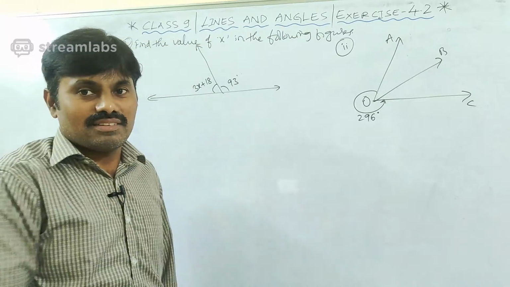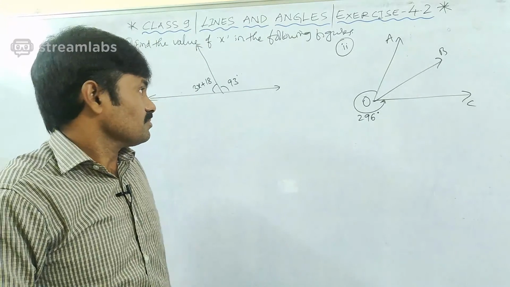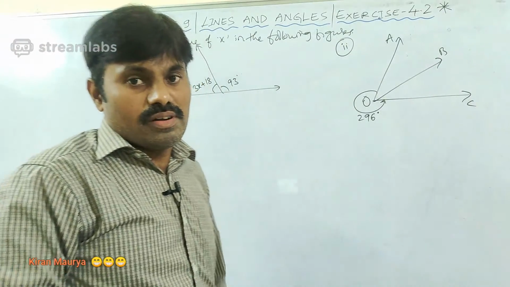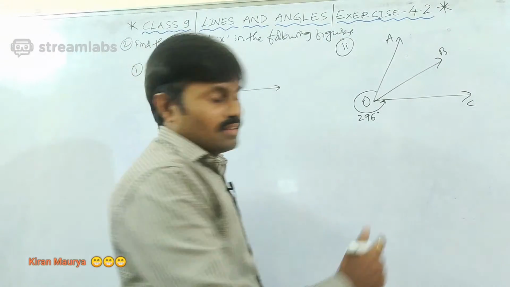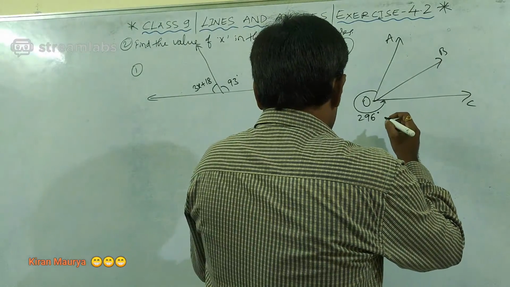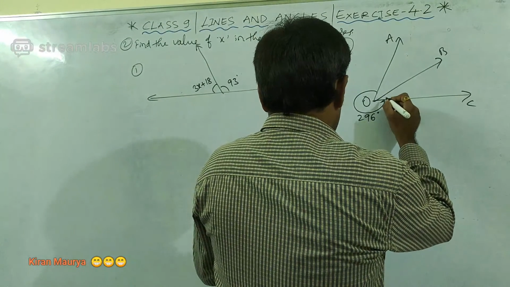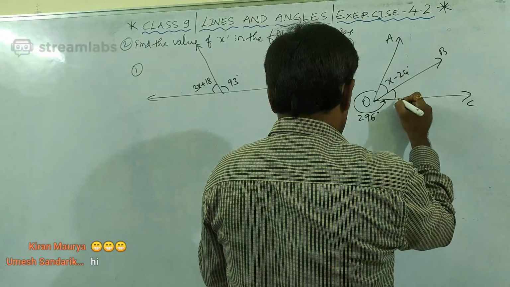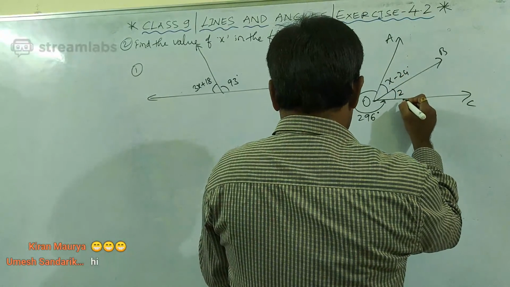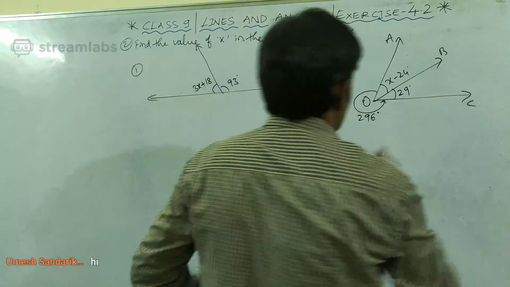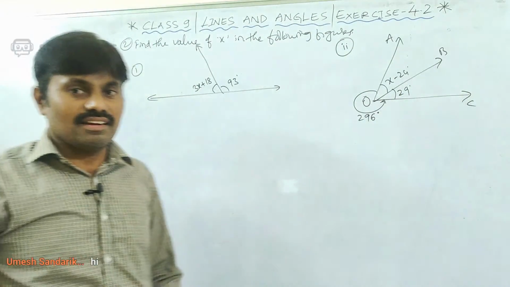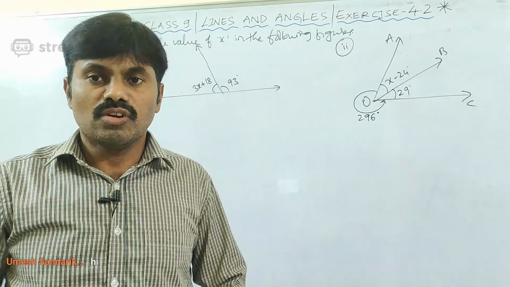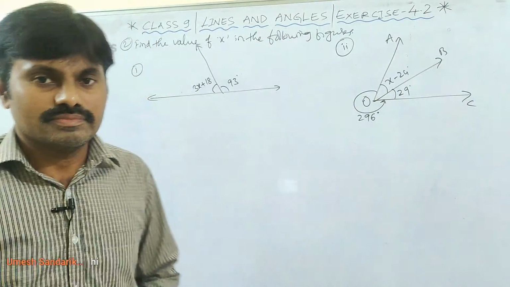Which type of angle is it? Now the other angle is x minus 24 degrees and this one is 29 degrees. Then find the value of x.